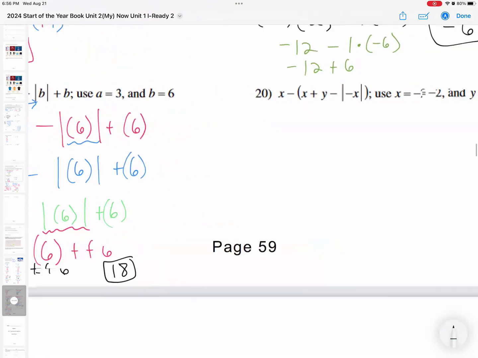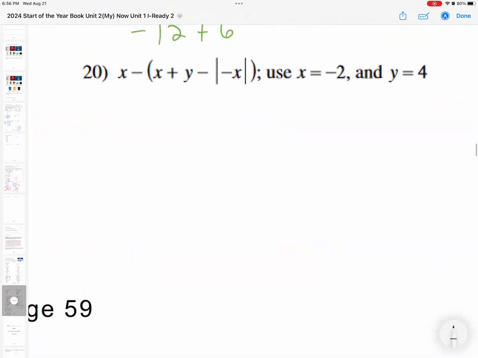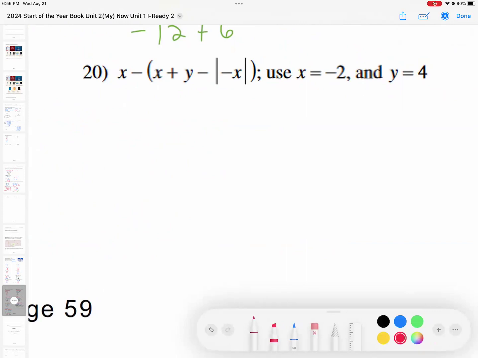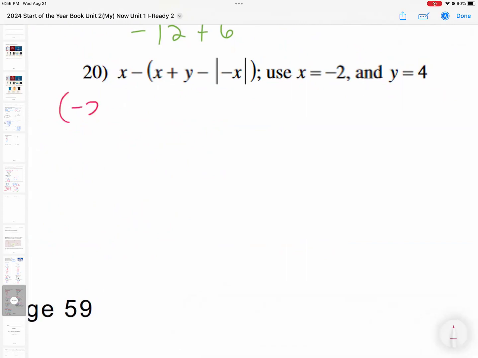All right, next up, number 20. Again, first step, as always, dump those numbers in, no math. So we end up with -2 minus. Everything else is still there, so that subtraction symbol just drops.